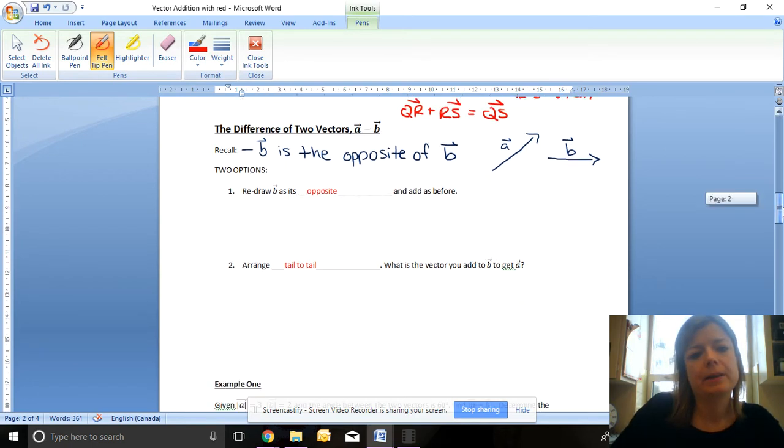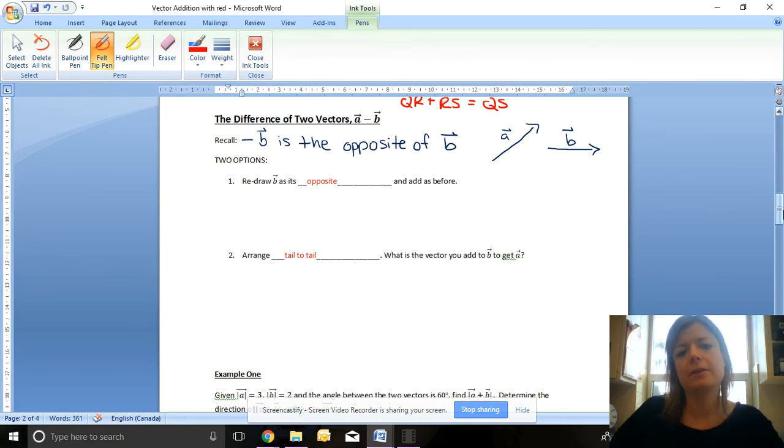Okay. So how do you actually do the difference between 2 vectors? So what about if you're subtracting 2 vectors? Well, I would say that the simplest way to do this is just to redraw B as its opposite and then add as before. So if you're saying that this is vector A and this is vector B, just draw negative B and now add A plus the opposite of B, right?